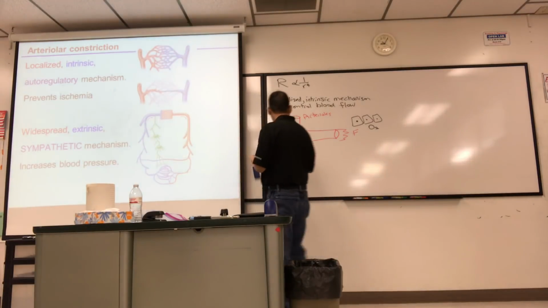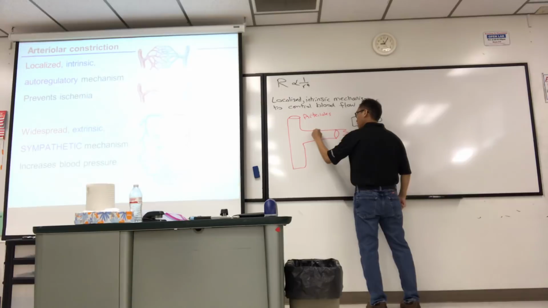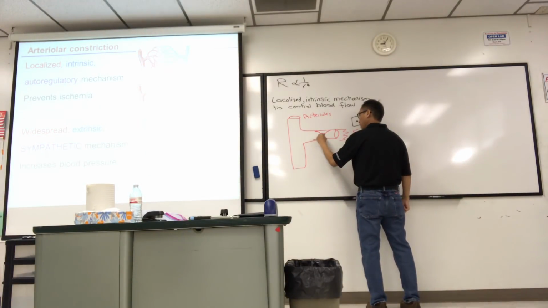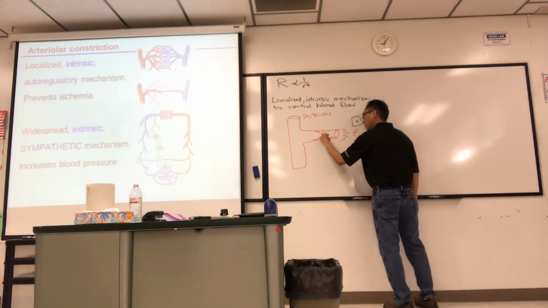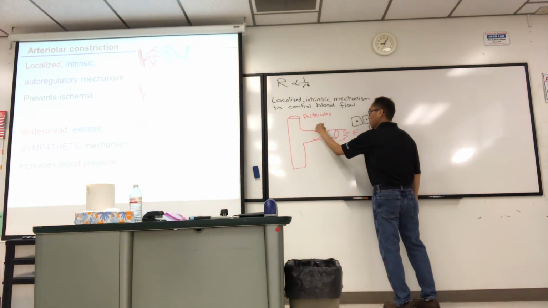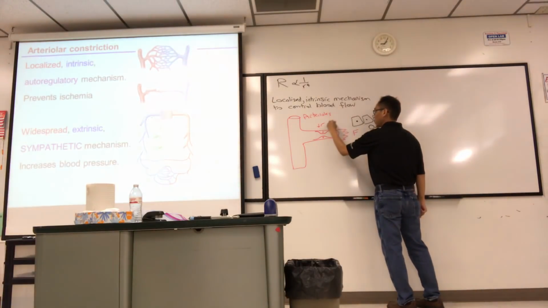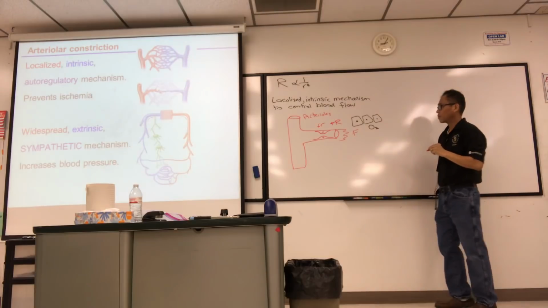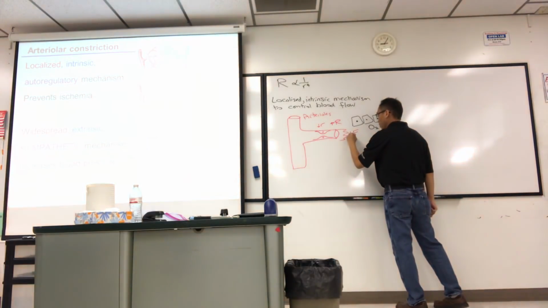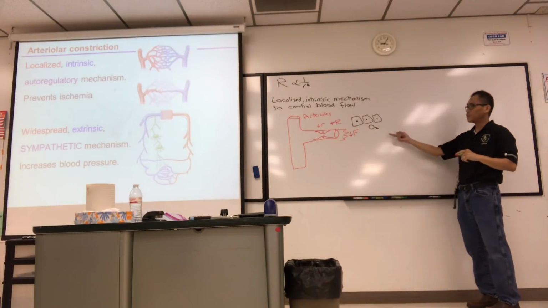So when they constrict, they usually clamp down. You decrease the radius and increase the resistance to blood flow. So you reduce flow, if you have plenty of O2.